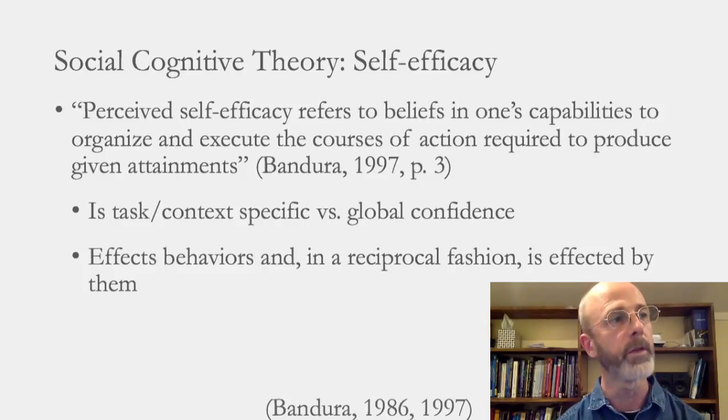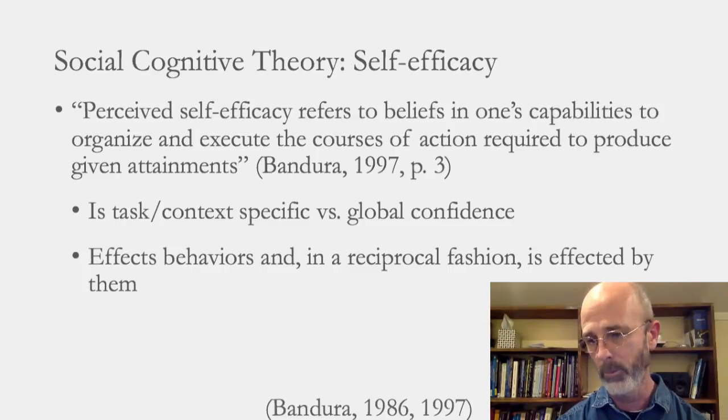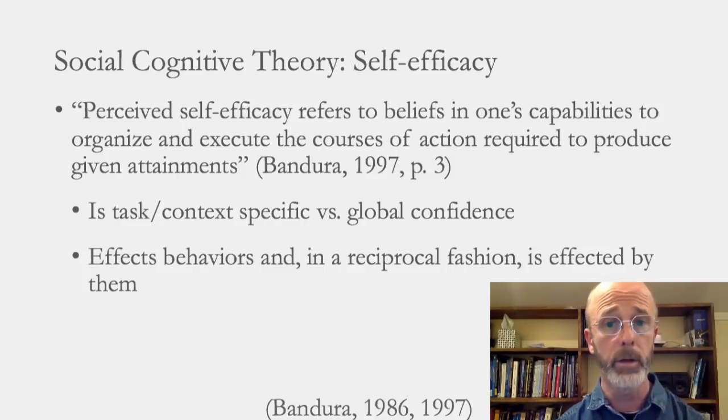I may believe that I can speak fluently when I'm giving a speech, when I'm just practicing by myself, but standing in front of a crowd, I may not feel confident that I can be really fluent. Again, an example of context-specific beliefs. And we see this all the time in many of our clients.